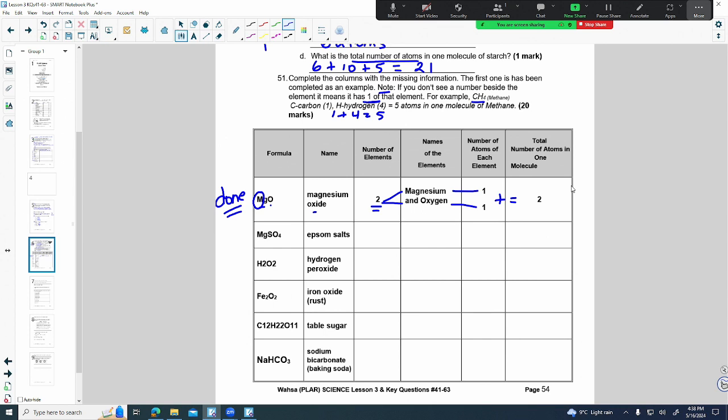Okay, next one is Epsom salts. That's the name of the formula. MgSO4. So number of elements, again, if you look at the number of capital letters, there are 3. So Mg stands for magnesium.